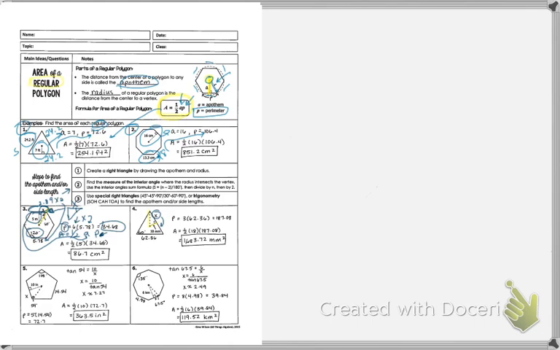We need n minus 2 times 180. So this is 3-sided. We know this is going to be, well, this is an easy one. We already know it's 180 inside. So this equals 180.